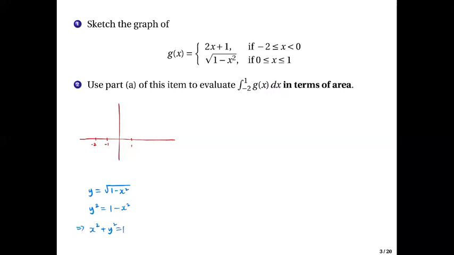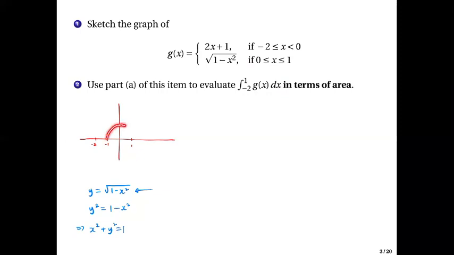Okay, this is a circle of radius 1. But from the original equation, you only take positive values of y. So you'll just get the semicircle of radius 1.